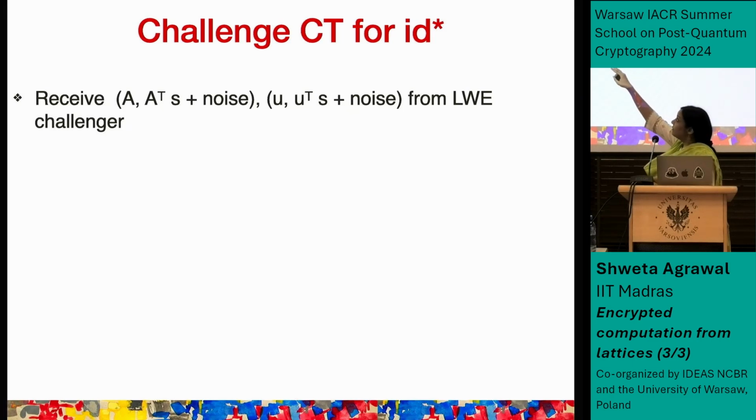Either it receives AS plus noise and US plus noise, or it receives A random and U random. That's the LWE challenge, isn't it? So the IBE challenger is going to receive either a real LWE sample or a truly random LWE sample.